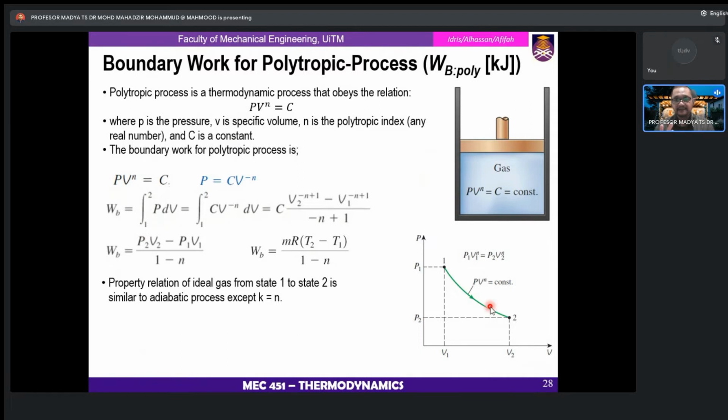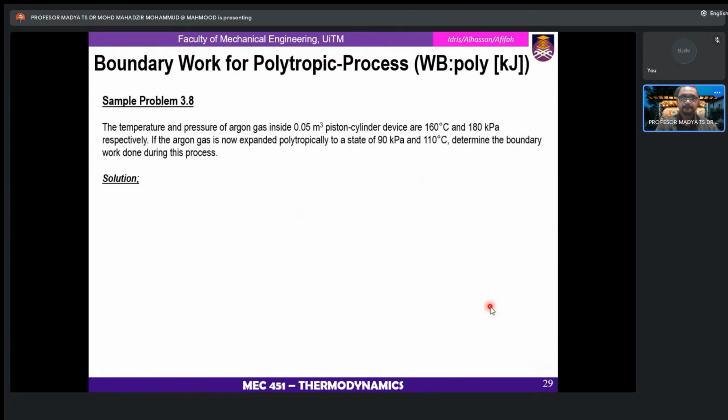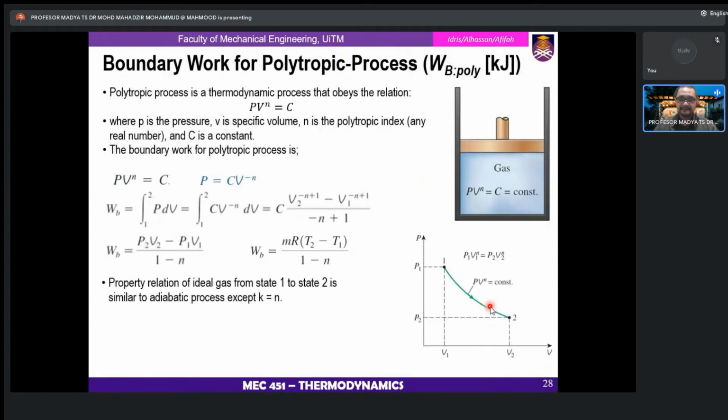But for the other three processes, isothermal, adiabatic, and polytropic, the graph line is a curved line. So that is a detailed description of the processes in thermodynamics.